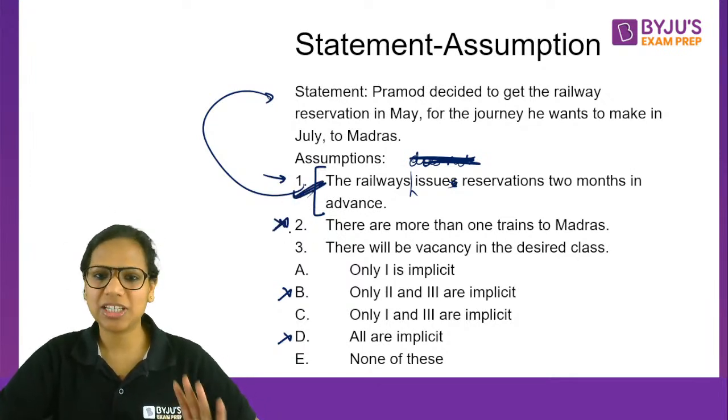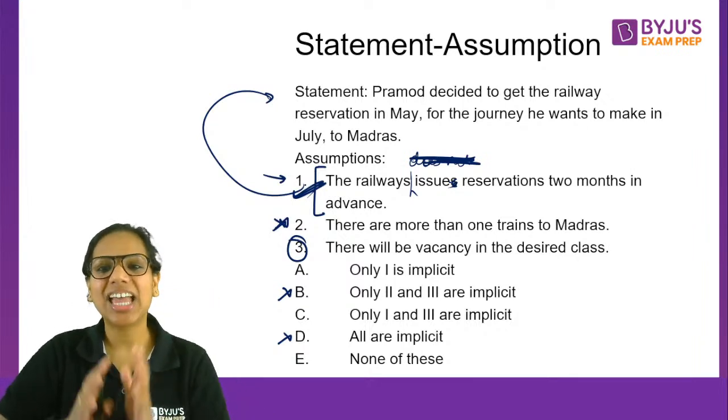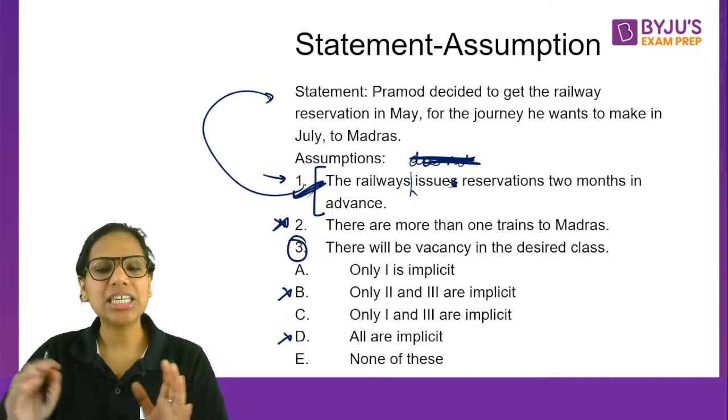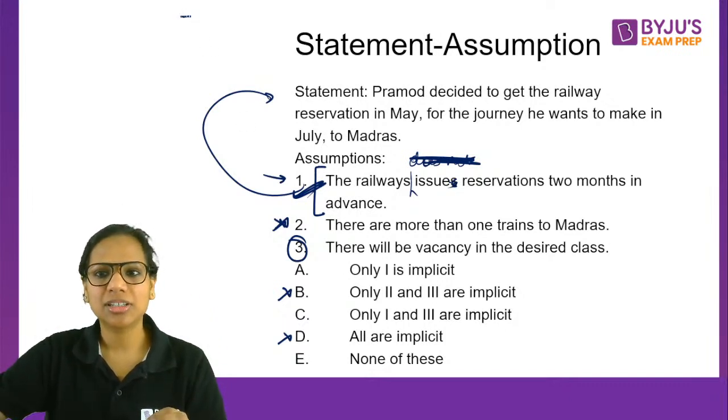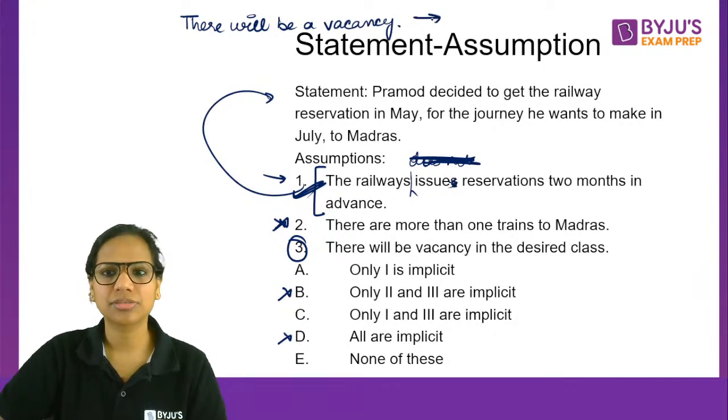2 is not implicit. What about 3? It is 3 that is the decider here, and that's why I have included this question. Pramod is saying that there will be a vacancy. Is that an implicit assumption?